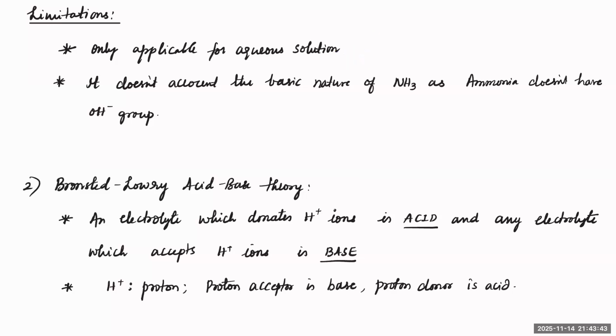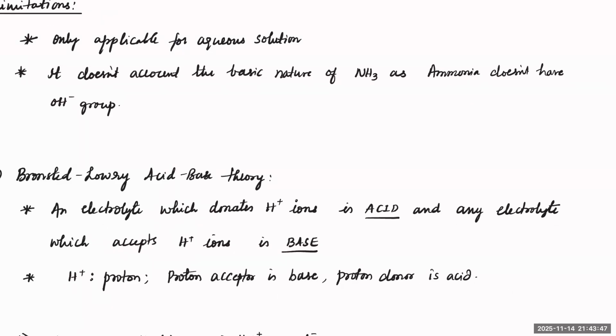Also, according to the Arrhenius acid-base theory, a base is expected to give OH minus. But a lot of times there are bases which do not have OH minus directly in them. For example, ammonia. Ammonia does not seem to have an OH minus along with it. You cannot see any oxygen present in ammonia at all. But ammonia is a very good base.